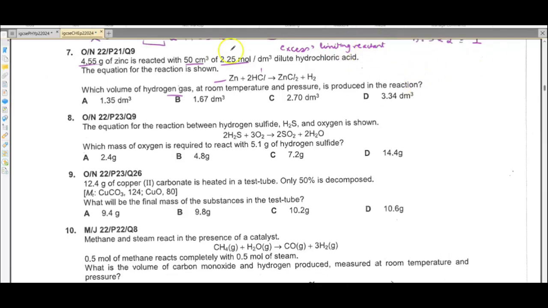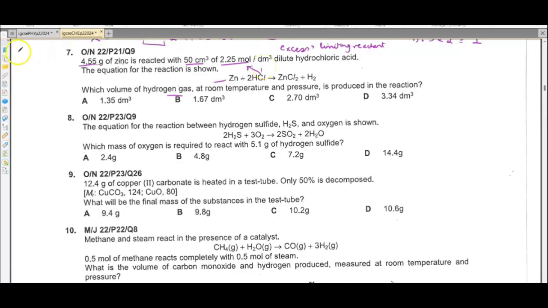Okay. So first, we need to find out the moles of zinc and the moles of HCl. We could find the moles of HCl after finding the moles of zinc and equating them together and finding their ratios. But since we have been given the concentration and the volume for HCl, we are going to find that separately.